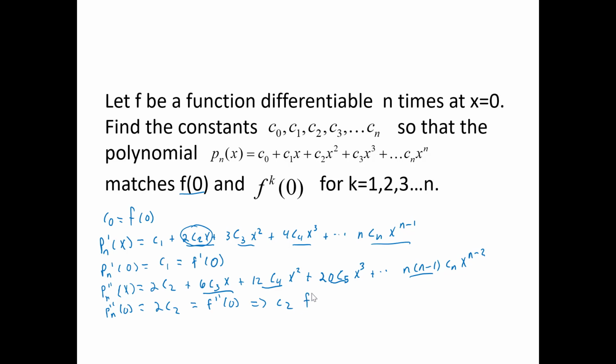C2 is the second derivative of your function evaluated at 0. So C2 will be the second derivative of your function, you'll evaluate it at 0, divided by 2.